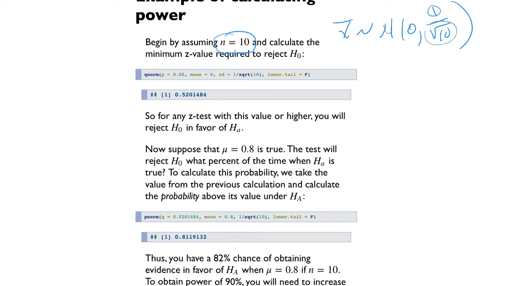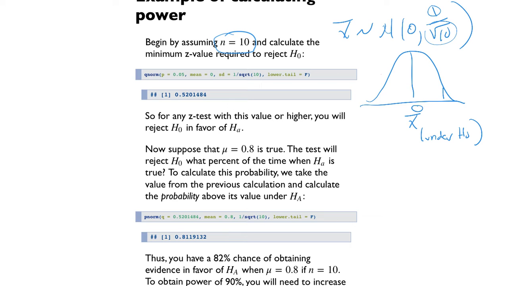And so I want to look at a critical value. If I look at the null distribution of x bar itself, under H0, it would be centered around 0.